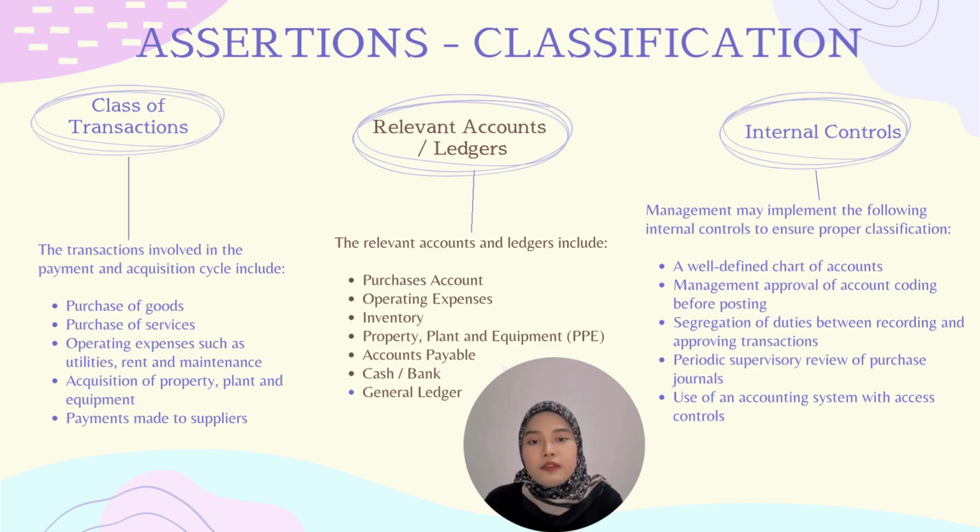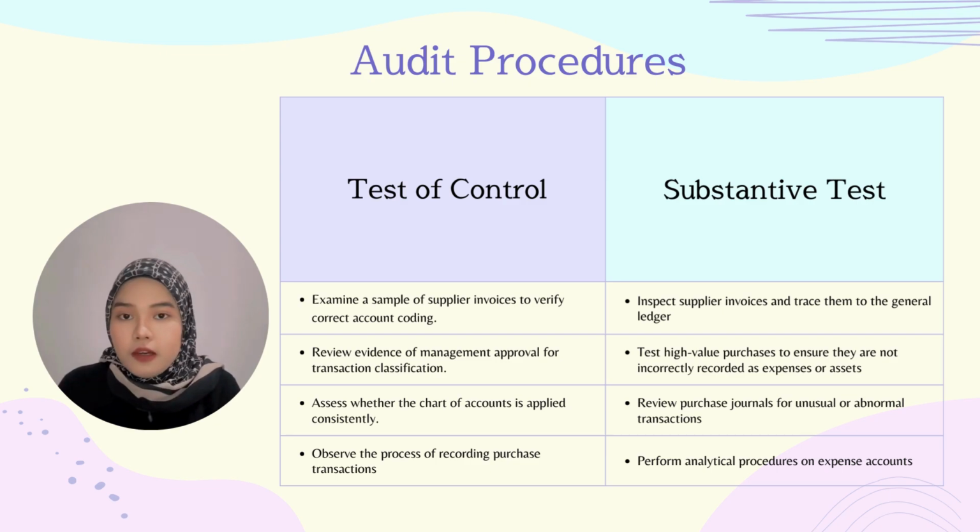In terms of audit procedures, the auditor performs tests of control by reviewing invoices and checking management approval on account coding. Substantive tests are also conducted by examining invoices, tracing them to the general ledger, and reviewing unusual transactions.